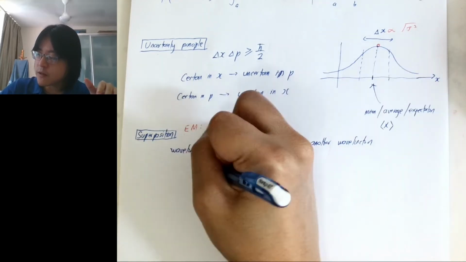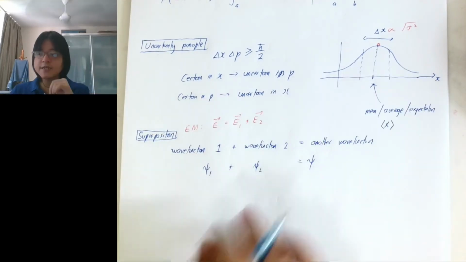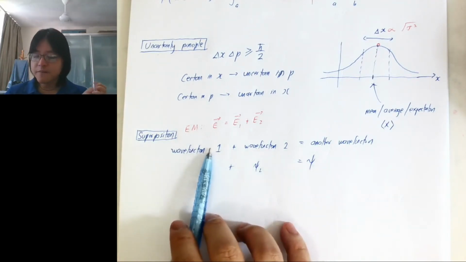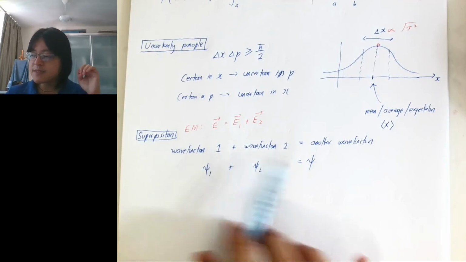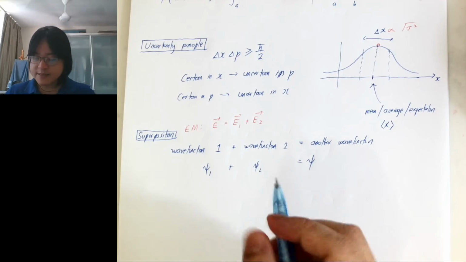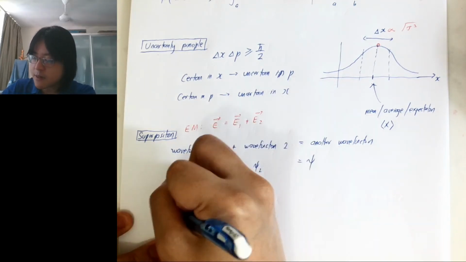Right, so we call this state 1 plus state 2, then I'll just produce a new state. So this is where the weird stuff of quantum mechanics starts to happen, because for example, this is the famous cat experiment. Let's say this state describes a particle of spin up.